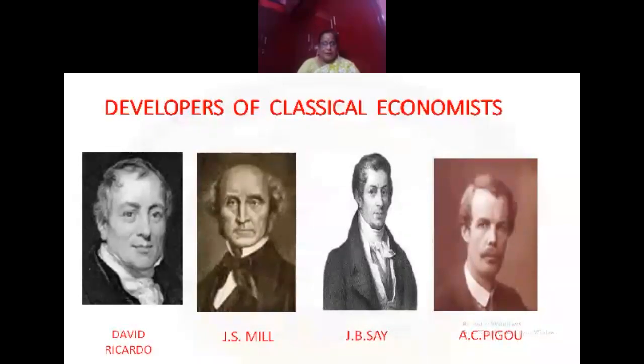Adam Smith wrote the book An Inquiry into the Nature and Causes of Wealth of Nations in the year 1776. Since the publication of this book, the classical theory was developed by number one, David Ricardo, number two, J.S. Mill, number three, J.B. Say, and number four, A.C. Pigou.